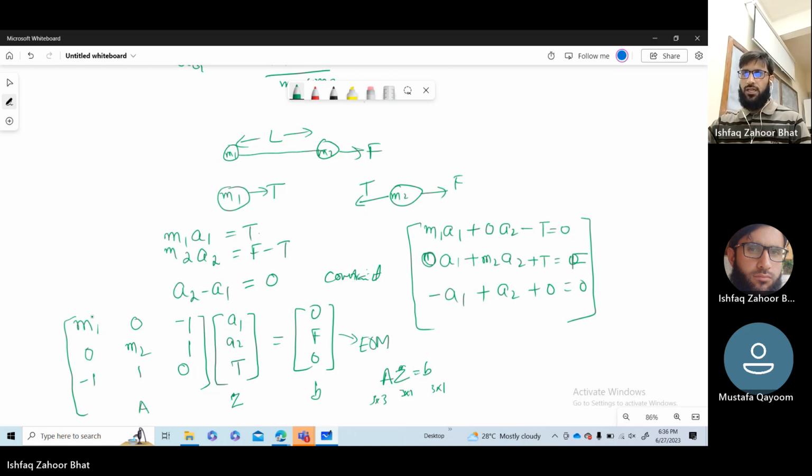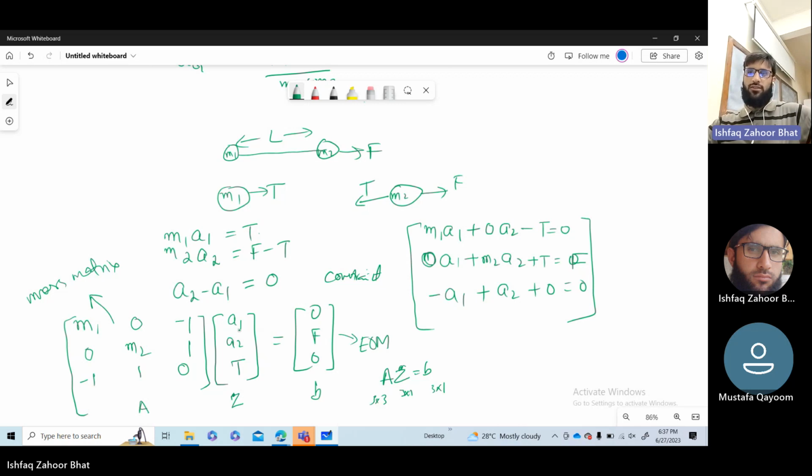Sometimes this is also called the mass matrix. And you should see why it is called the mass matrix. Even though here it is visible that there are masses, it is always known as the mass matrix, because you will also solve some systems where there will be no mass.